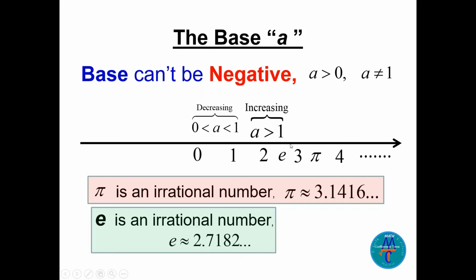So if you go into details here for the base, you can go from 0 to 1. There are infinitely many numbers there from 0 to 1. All the functions here, if you take this base, are decreasing functions.